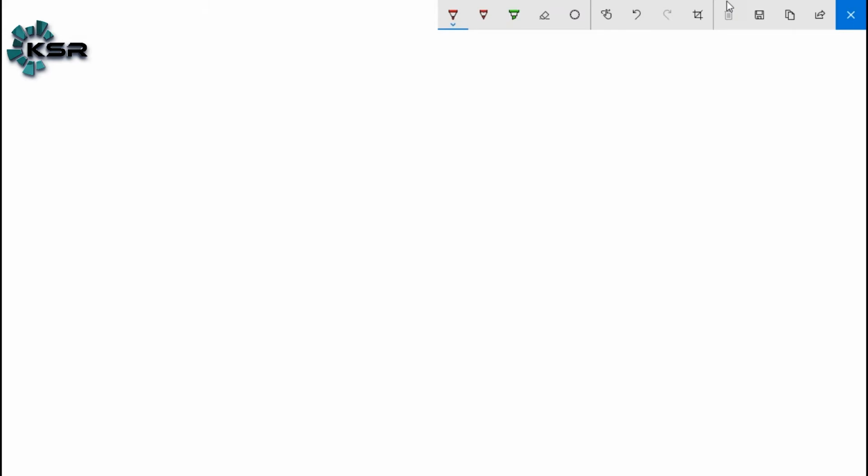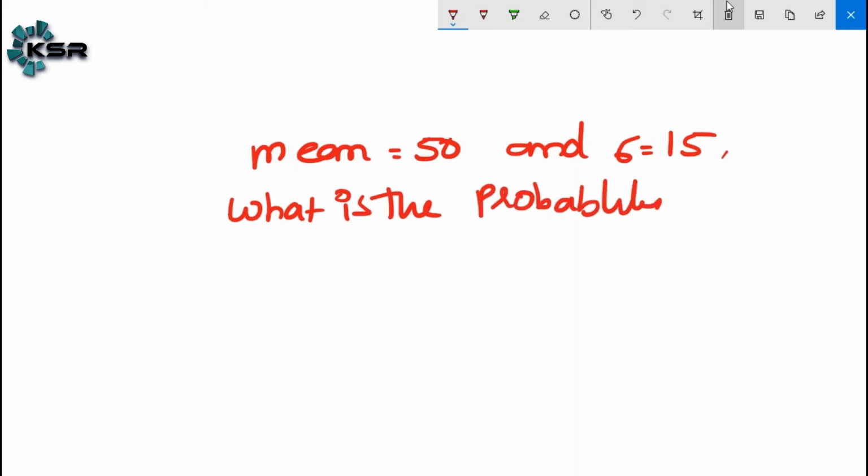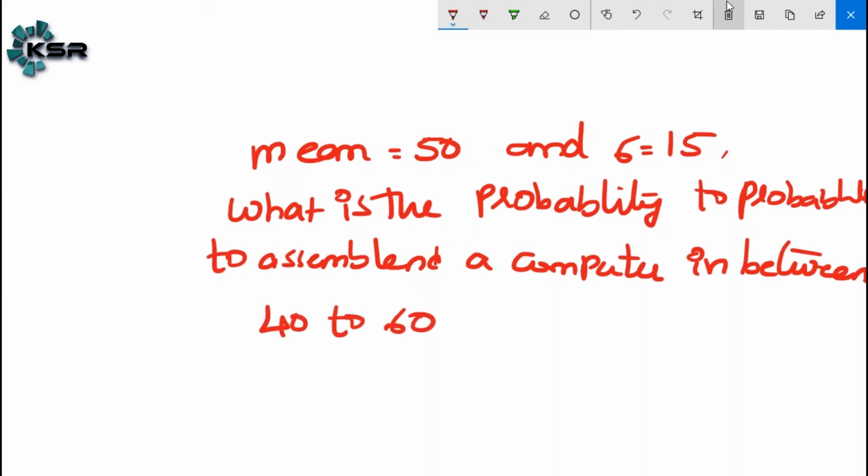If you want to assemble a computer with a mean of 50 and sigma, that is standard deviation, of 15, what is the probability to assemble a computer in between 40 to 60 minutes?